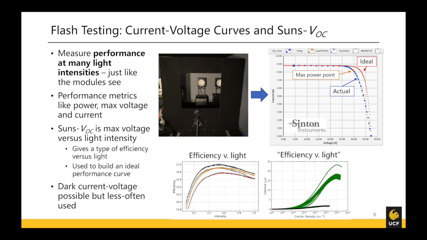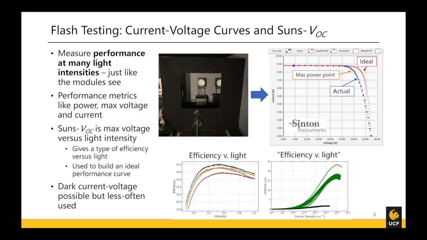So flash testing, as you might expect, flashlight, see what comes out. And so, solar panels are often qualified and described in terms of one curve at one light intensity.